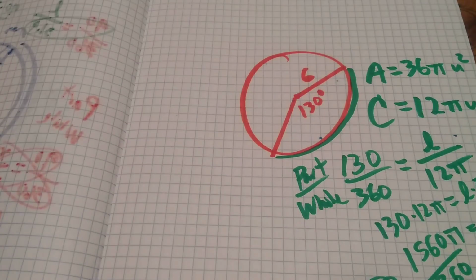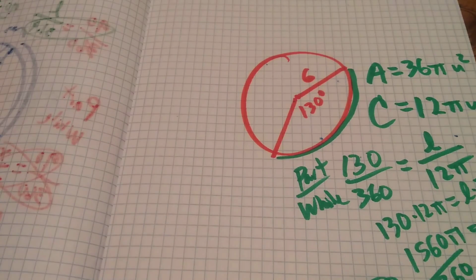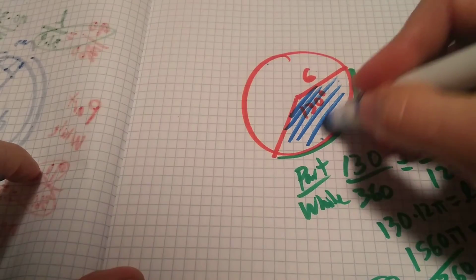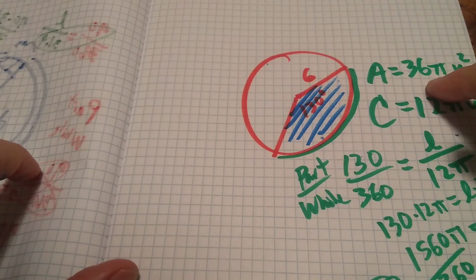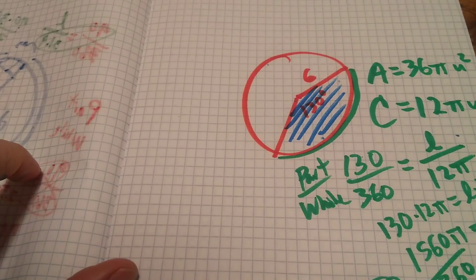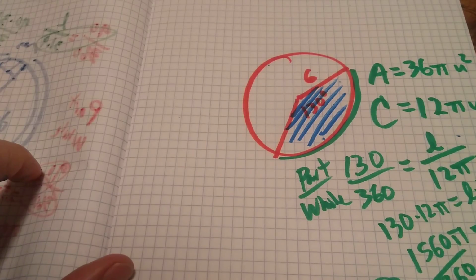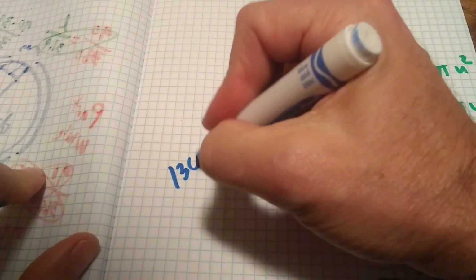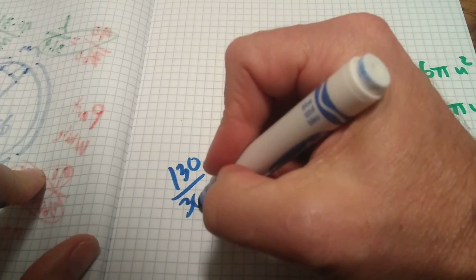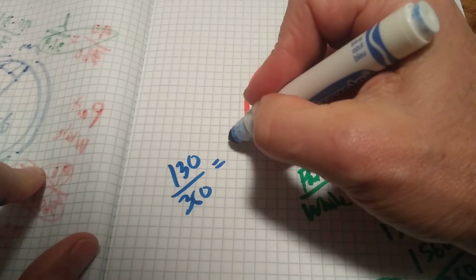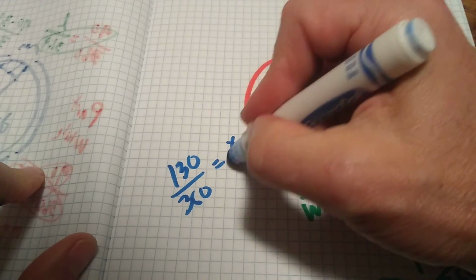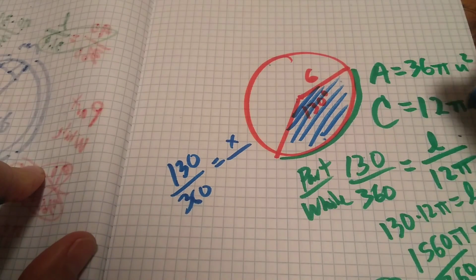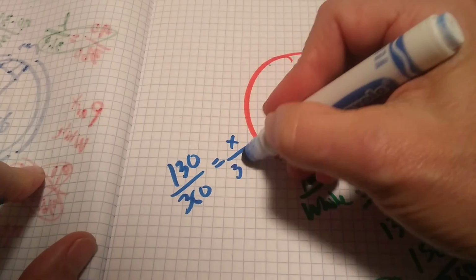All right, same thing. If I want to find the area, I'm going to switch between colors one last time. I'm almost done. I'm trying to find the area of this. The area of this whole thing is 36 times pi, or about 120. So once again, I'm going to do 130 over 360 equals my area divided by my whole area, 36 pi.